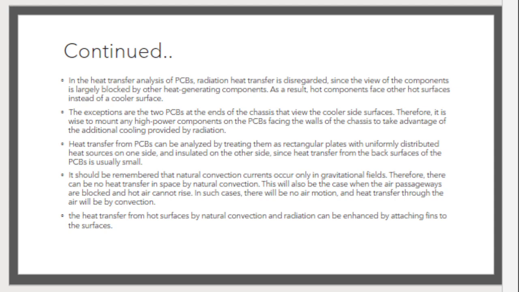Therefore, there can be no heat transfer in space by natural convection. This will also be the case when the air passageways are blocked and hot air cannot rise. In such cases, there will be no motion, and no heat transfer through the air will be by convection.